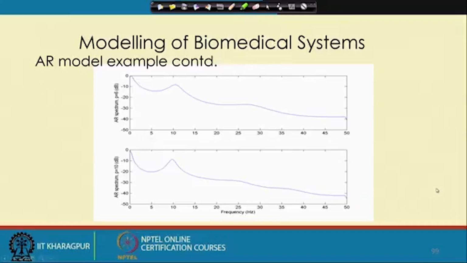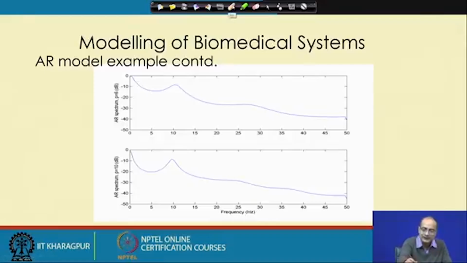Now, if we increase the model order from 6 to 10, the peak near 10 remains there, not disturbed, but it is a bit accentuated, becoming a little sharper.